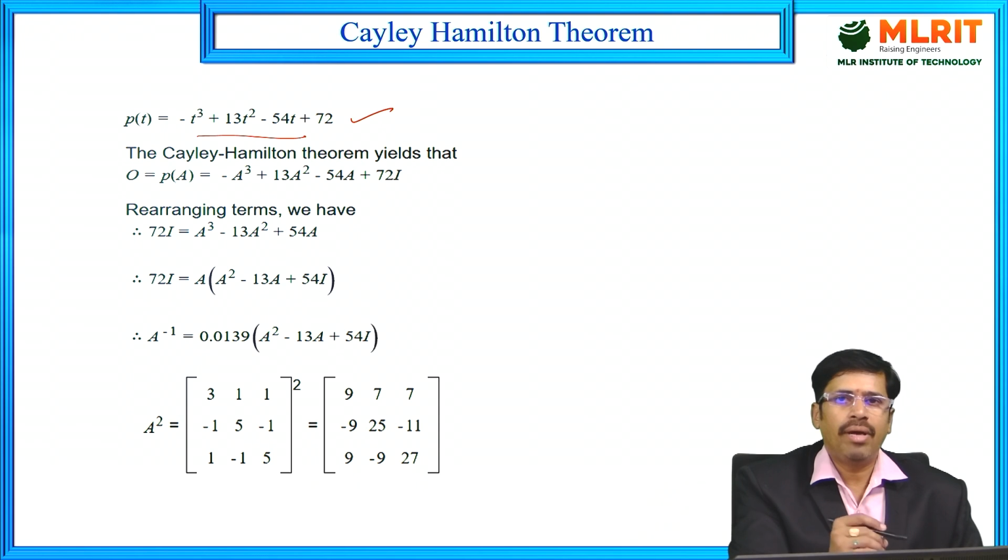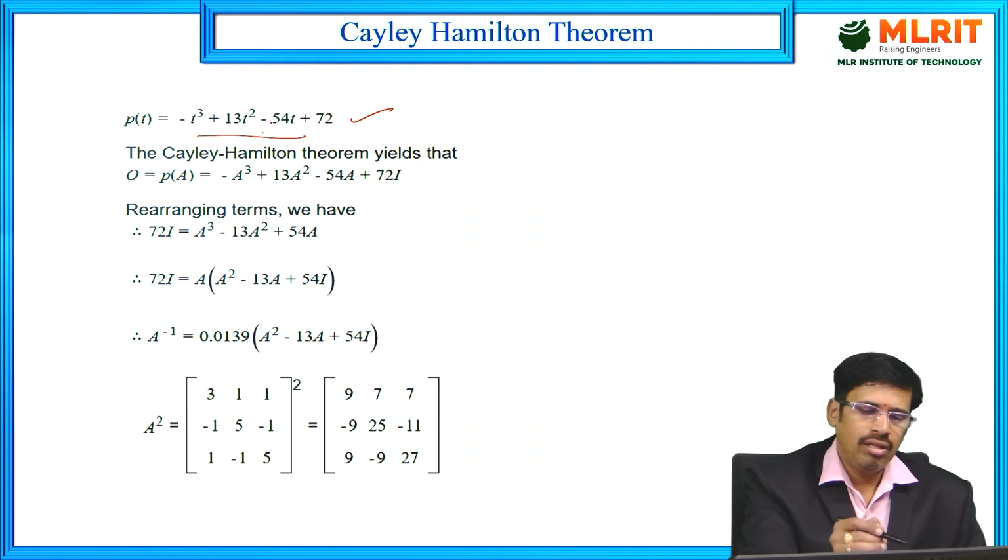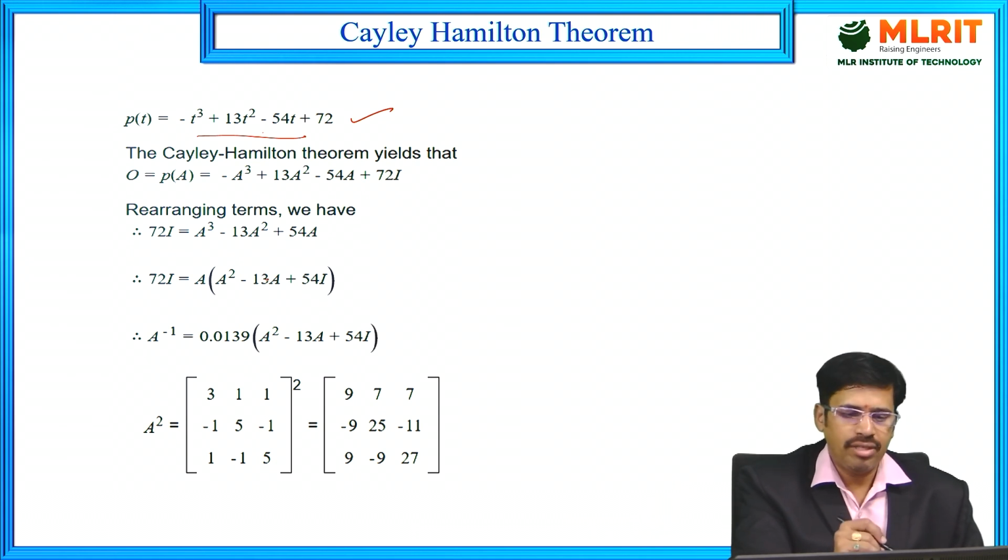Now by the statement of Cayley-Hamilton theorem, this characteristic polynomial must satisfy the given matrix. If I equate this to 0, every square matrix satisfies its own characteristic equation.